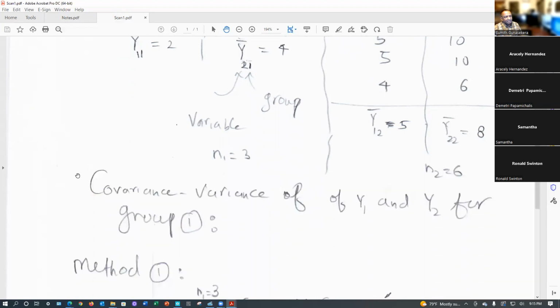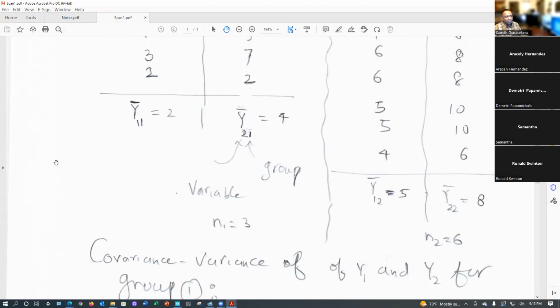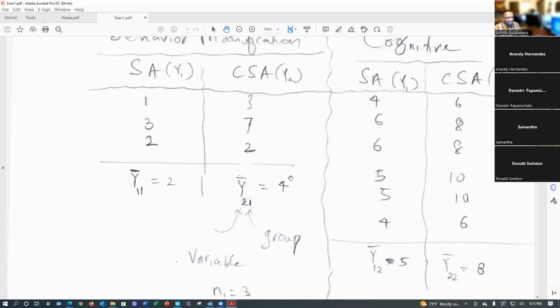See? Then the covariance matrix of y1 and y2 for group 1. Group 1, I'm talking about here, okay? I'm not going to build up both yet.